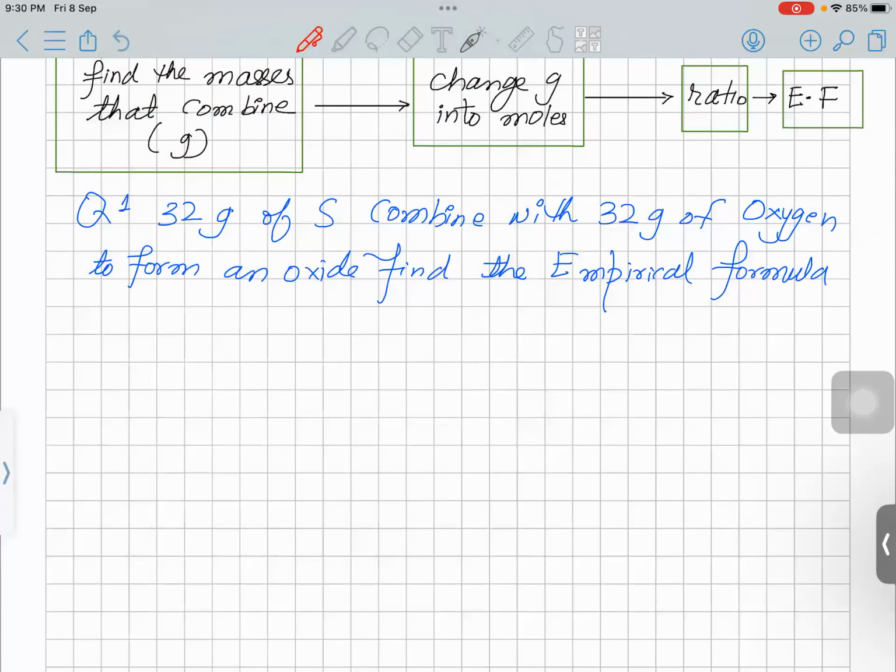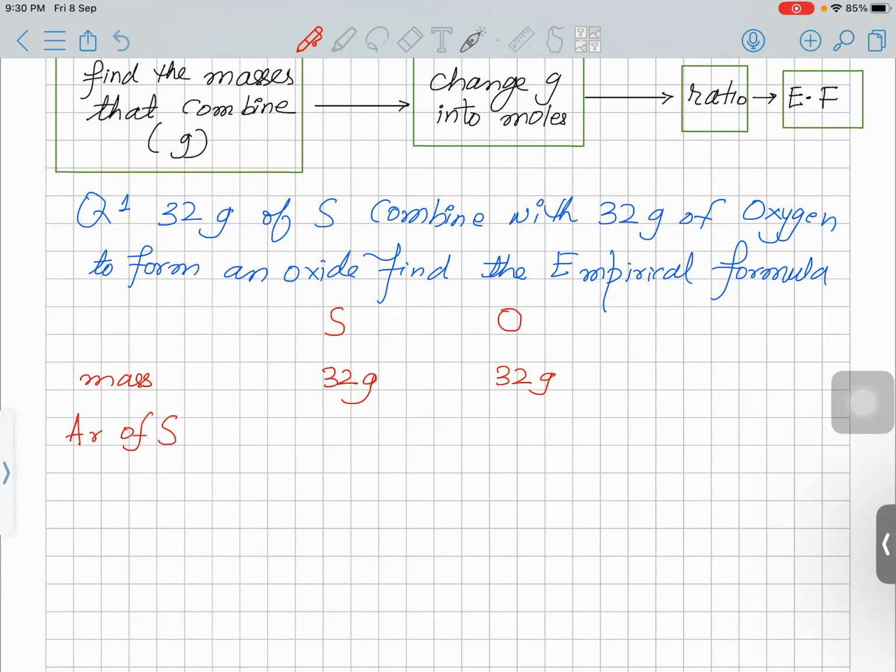Now look at, here we have sulfur, here we have oxygen. So mass, sulfur is 32 gram, oxygen is 32 gram. Now AR of sulfur.